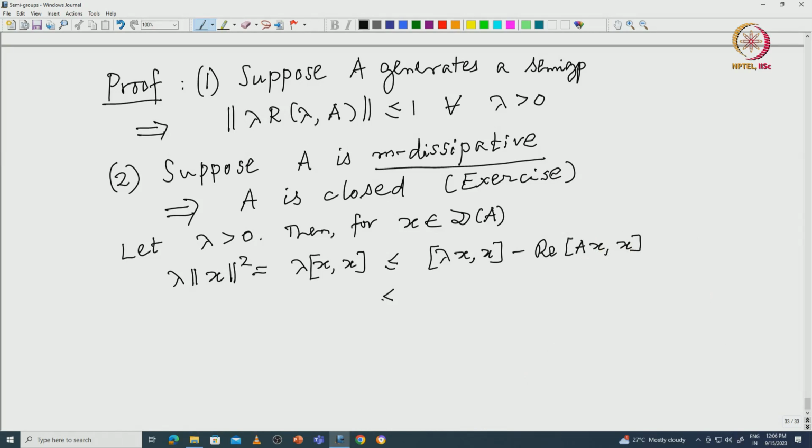So, this becomes lambda I minus A x, x. Of course, I can put the real part here, no problem. Again this is the property of the semi inner product, and finally you get lambda I minus A x into x.